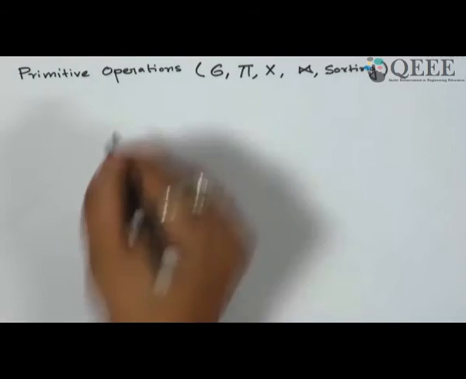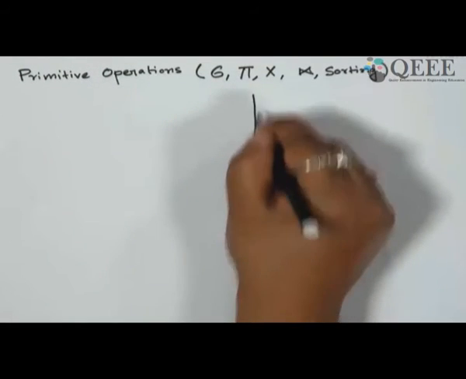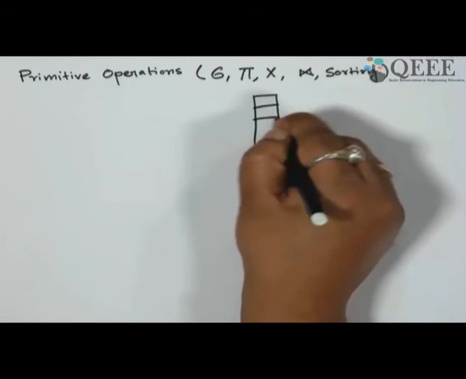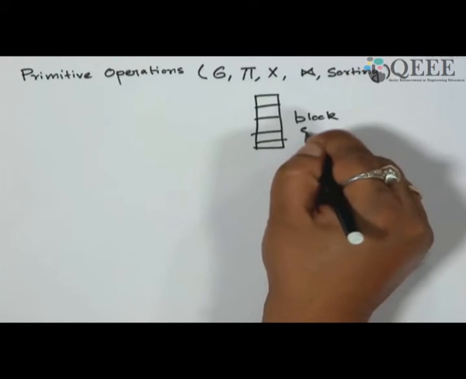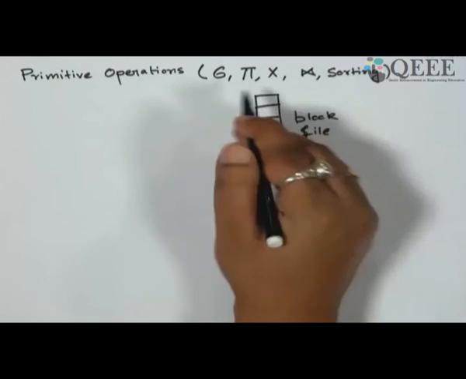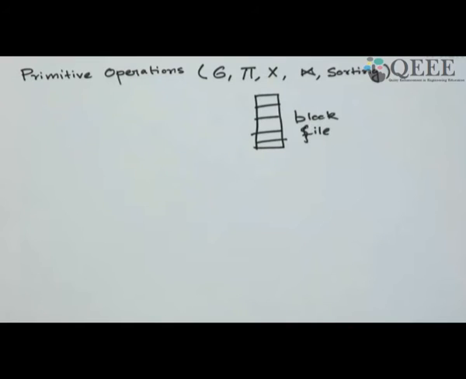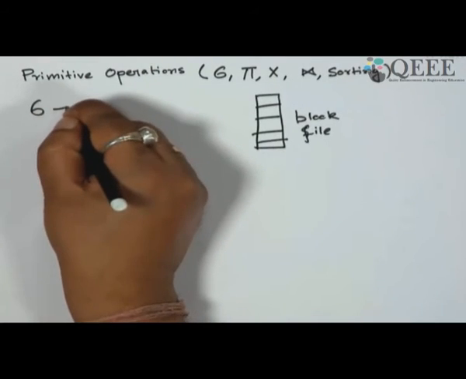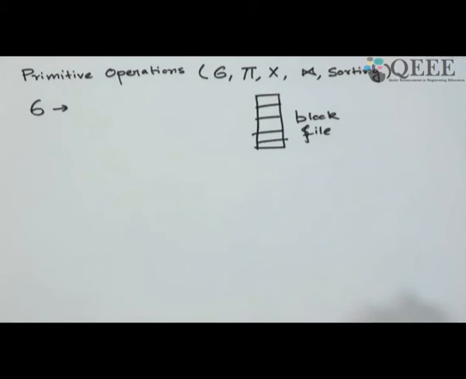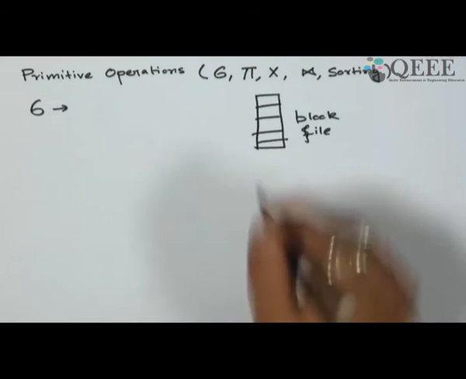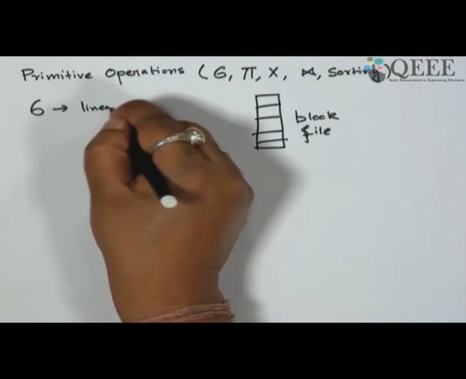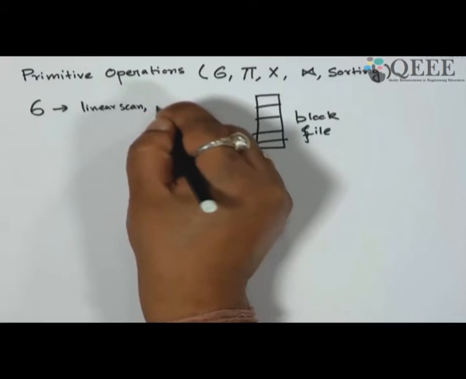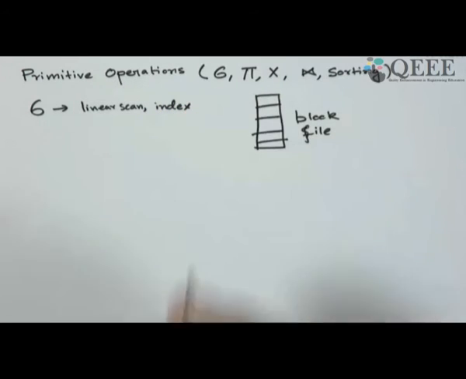Note that the difference here is you have all the data in a disk in blocks. How to efficiently do this? So the selection, there are two methods again. You can linearly scan, or you can use an index.